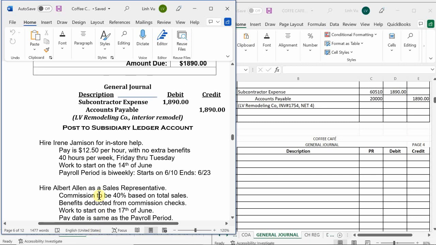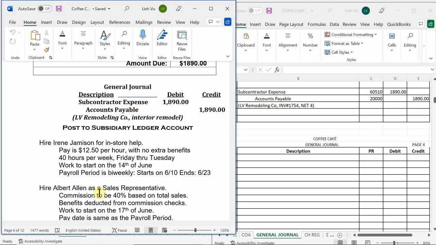Since we just hired her, shouldn't we record this information somewhere? How do I know I have an employee and I have to pay her? We put like a case note.